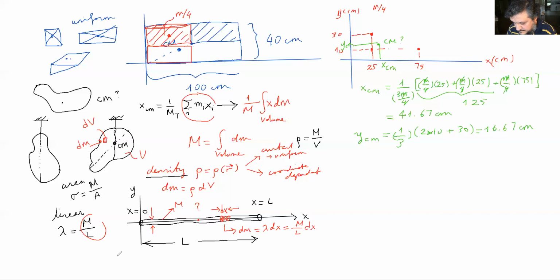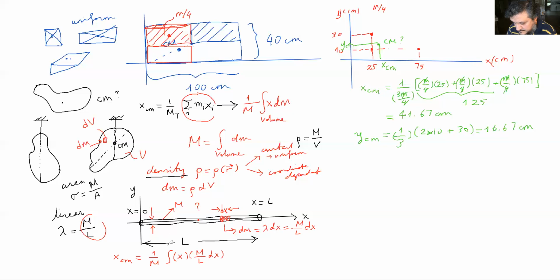So the x coordinate of the center of mass will be 1 over m times an integral. The integral will have x, that's in the formula, and you multiply this by dm, which is m over L dx, okay?